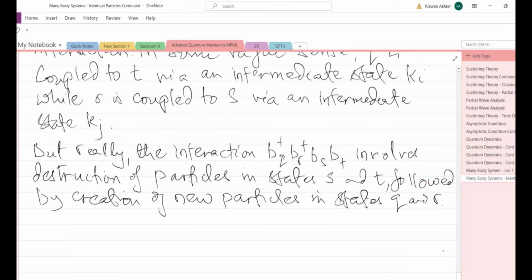Now, because particles are indistinguishable, the interaction potential Vij would be equal to Vji.